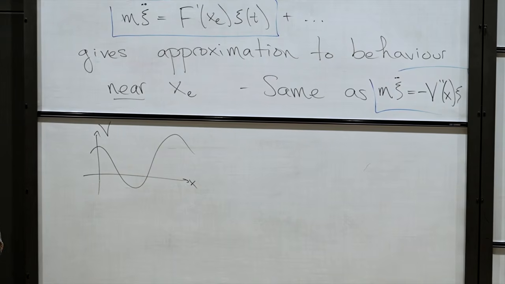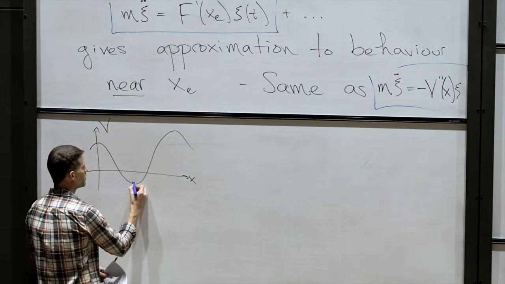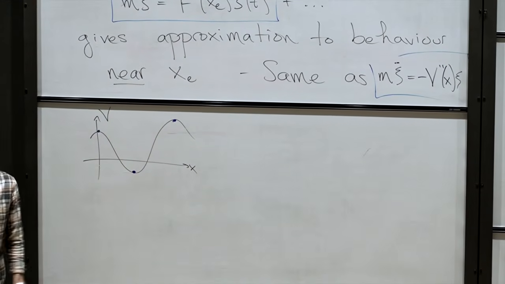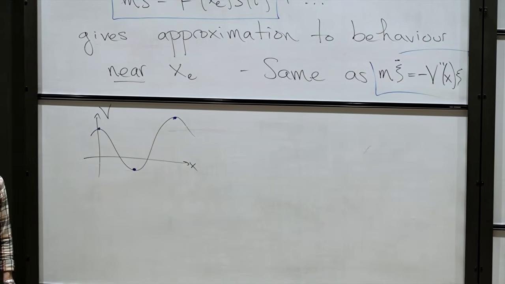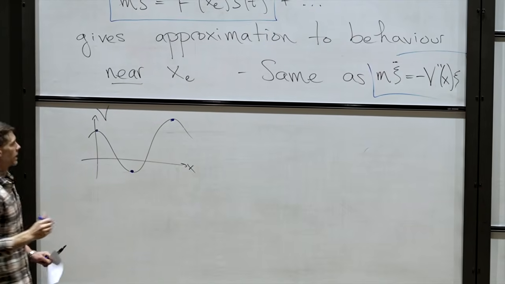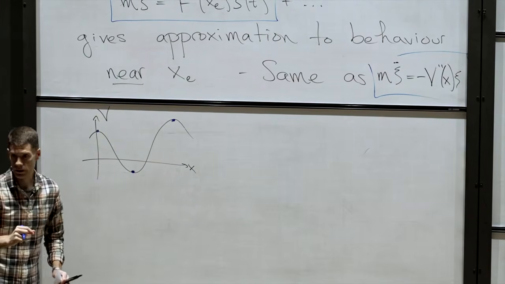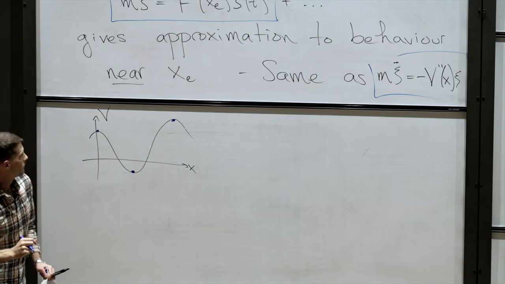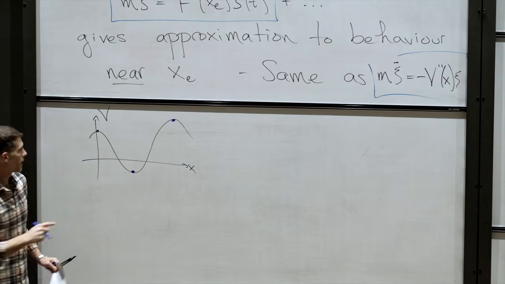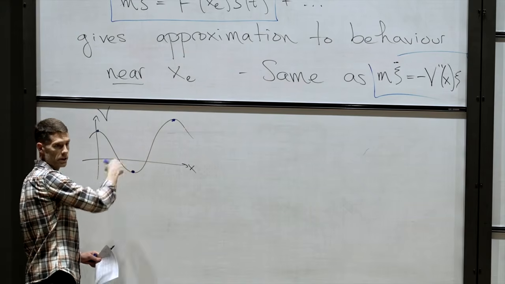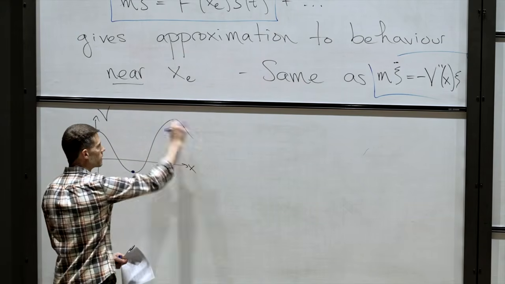And in that sense, it's quite intuitive that the equilibrium points are the flat bits, which are the bottom of the valleys or the top of the hills. And that is what we get there. That's where V prime is 0 or f is 0. And their stability, intuitively, we kind of understand that that seems stable. If I nudge the ball, it stays close. And if I nudge the ball, it goes away.